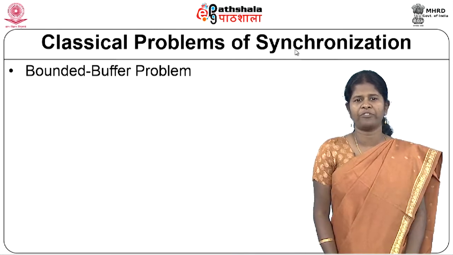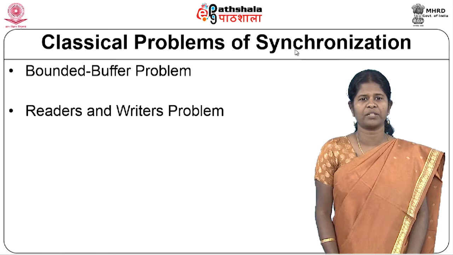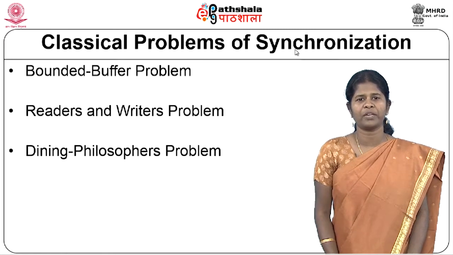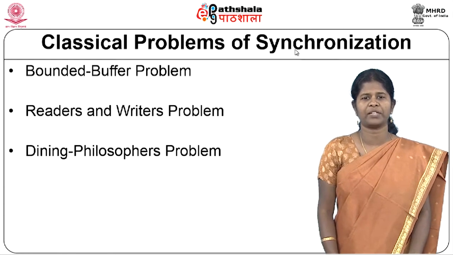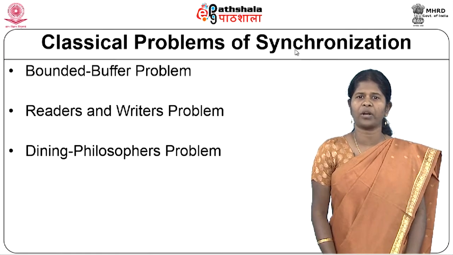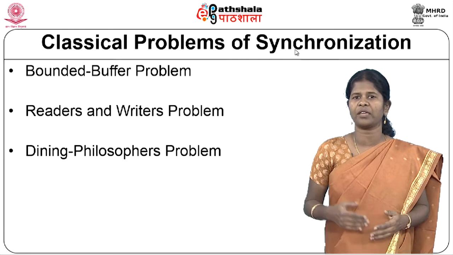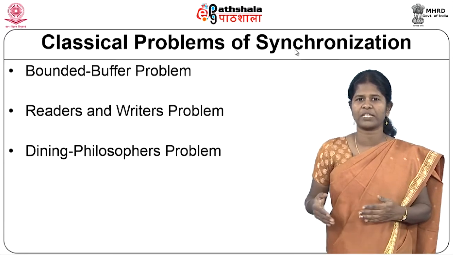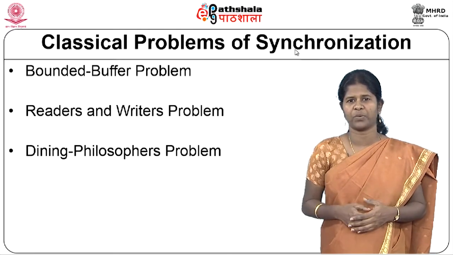There are a number of classical problems of synchronization like the bounded buffer problem, readers and writers problem, and Dining-Philosophers problem. And these problems can be used to model many other concurrency control problems or synchronization problems that arise in different situations.